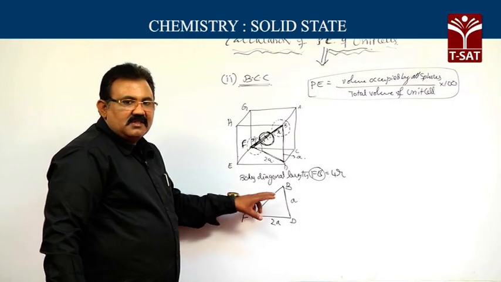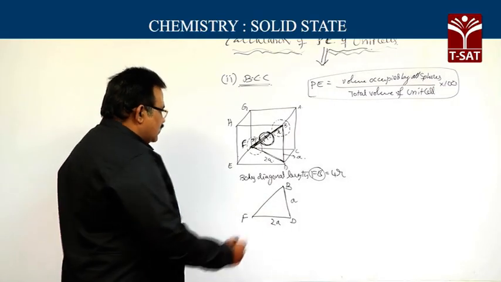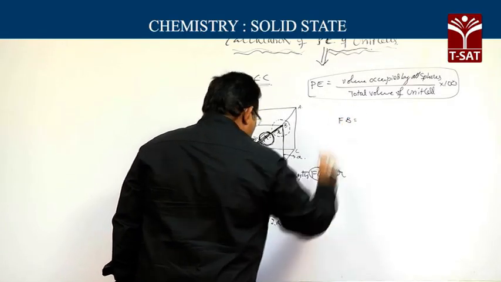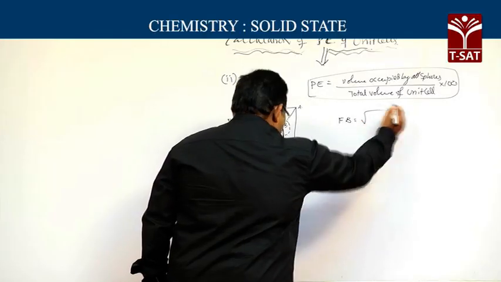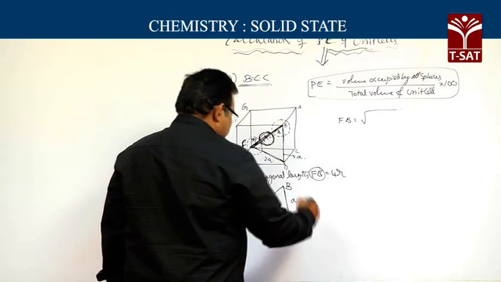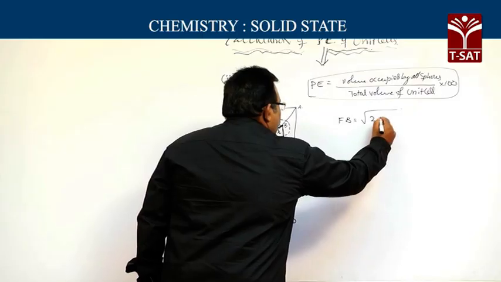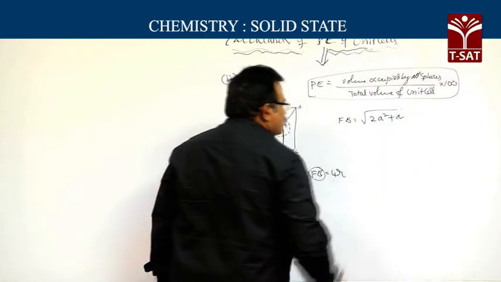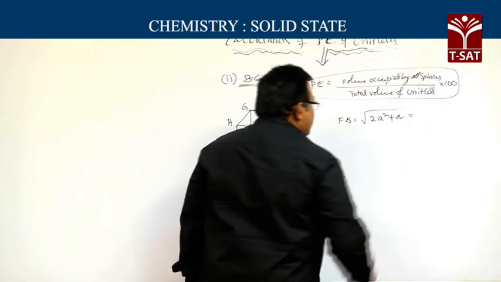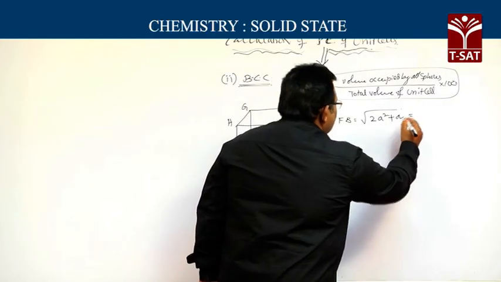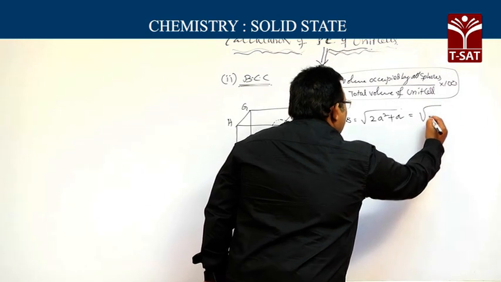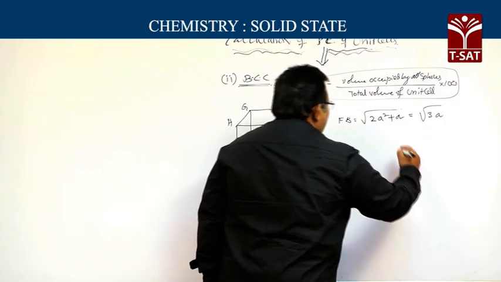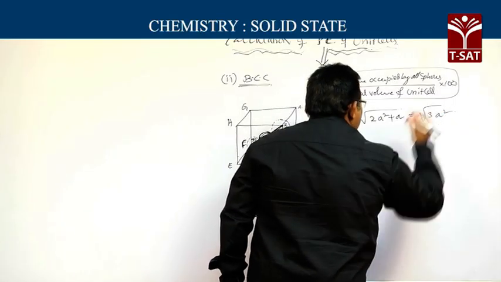According to Pythagoras theorem, FB is equal to root of 2a square plus a square, that is equal to root of 3a square.